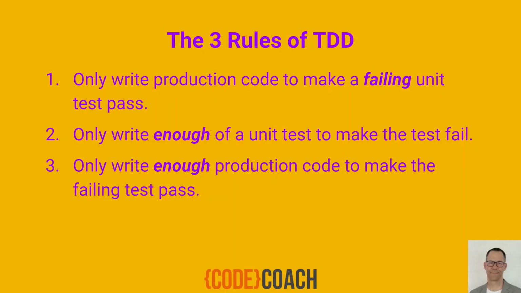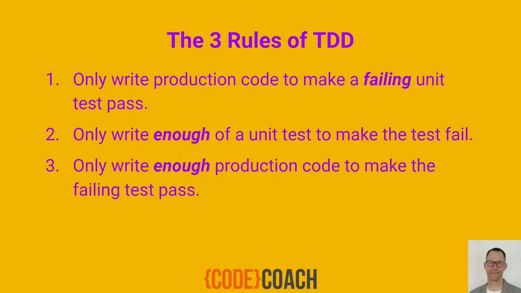Rule number 1 says only write production code to make a failing unit test pass. Rule number 1 is critical to practicing TDD properly. It says that we are not allowed to write production code unless we have a failing unit test that we need to change from failing to passing.